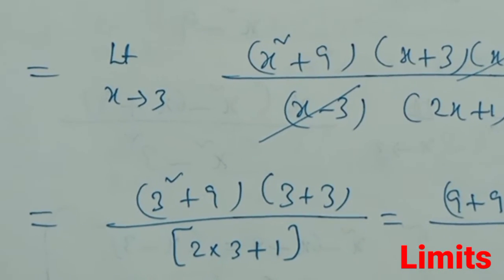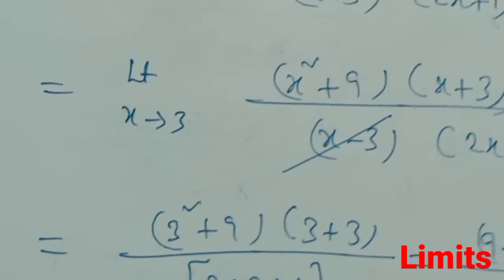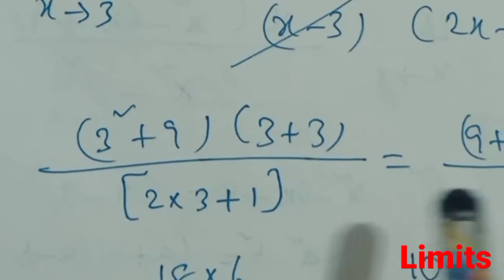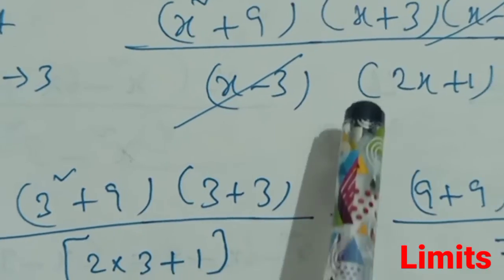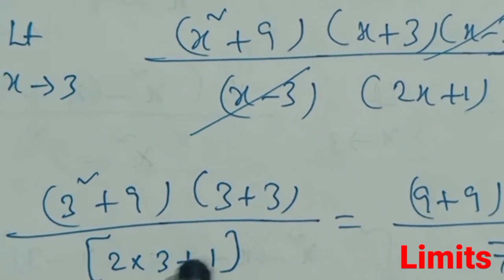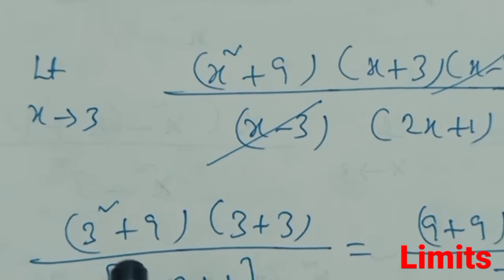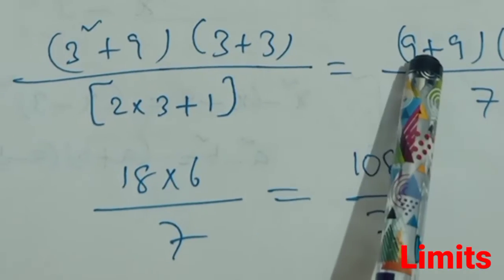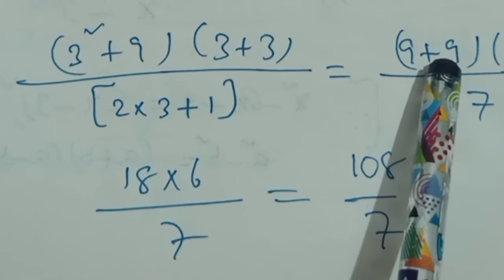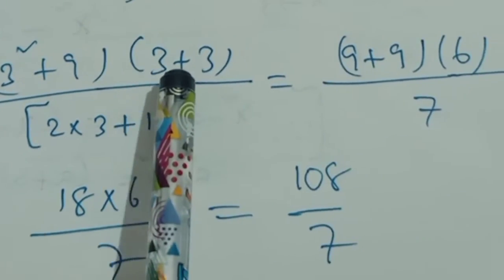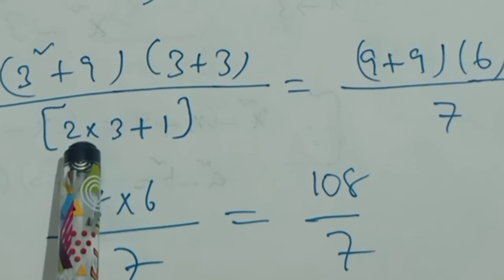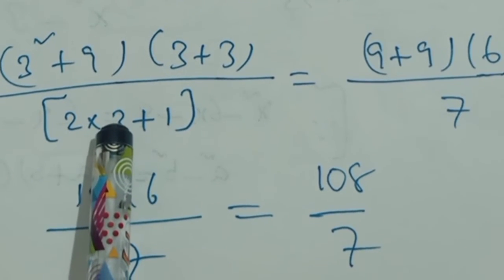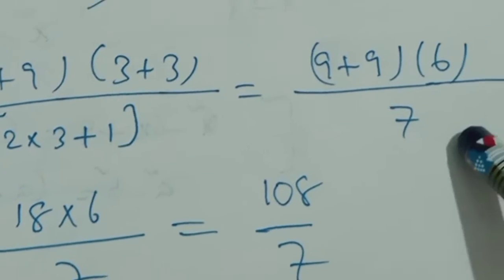Now we apply x equal to 3 in this, and we get (3 square plus 9) into (3 plus 3) by (2 into 3 plus 1). So 3 square is 9, plus 9, and 3 plus 3 is 6. Next, the denominator value is 2 into 3, 6, 6 plus 1, 7.